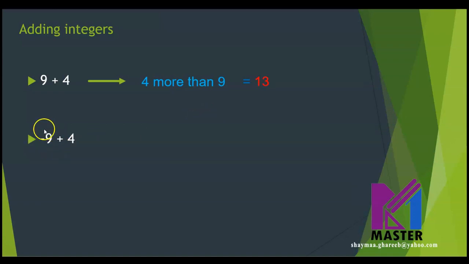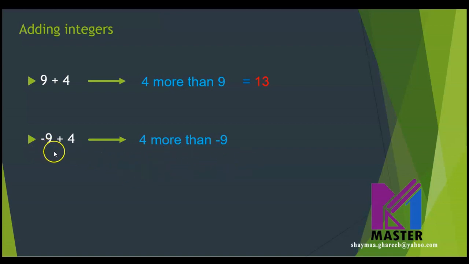What if I have a negative number added to a positive number? Negative 9 plus 4. As you can see here, we add 4 to the negative 9, which means 4 more than negative 9, which means we are going to count on after negative 9, 4 steps.